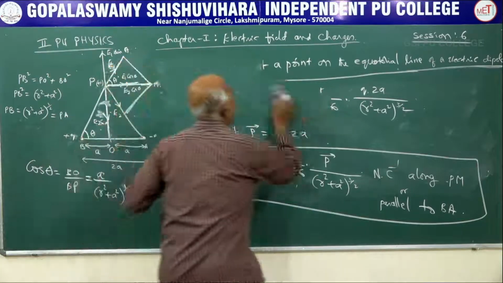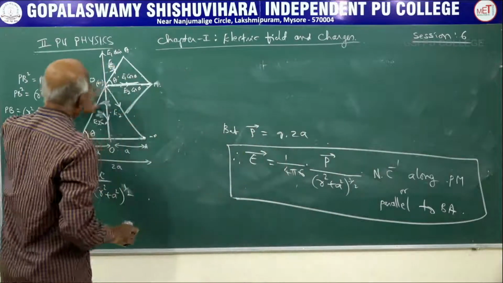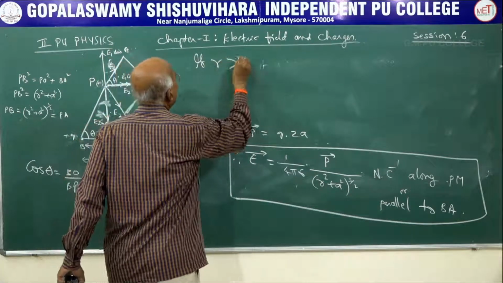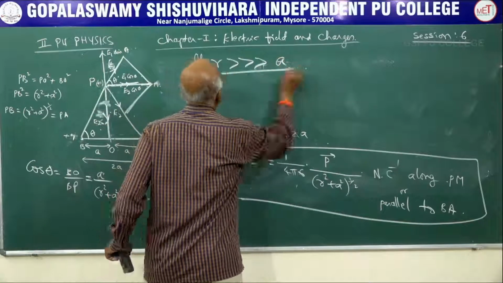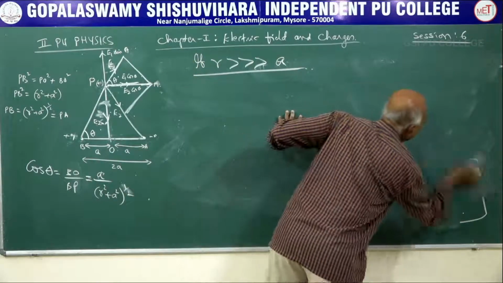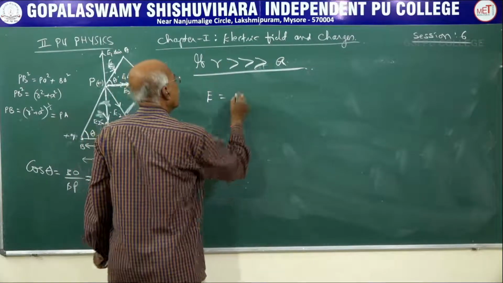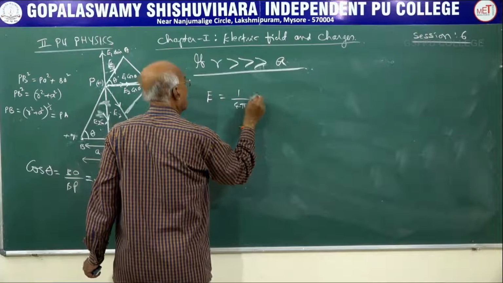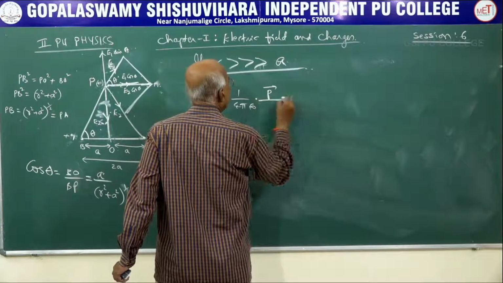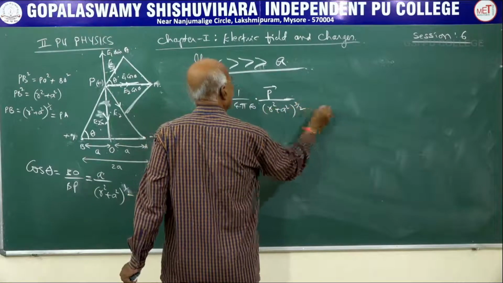Now if the distance R is very much greater than A, what happens to the equation? We will check it out. The equation reduces to this form. We have E is equal to 1 over 4 pi epsilon naught into vector P divided by R square plus A square to the power of 3 by 2.